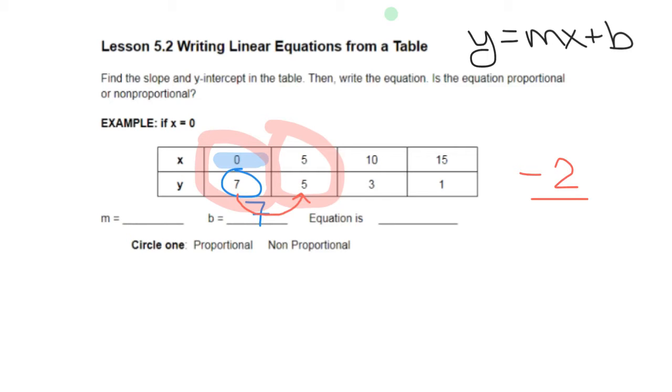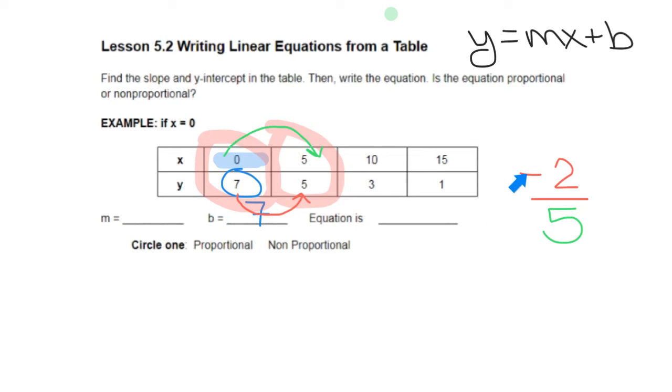Now I'm going to look at my x values. My x value starts at 0 and it goes to 5, so it increases by 5. This is how much my y decreased over how much my x increased.